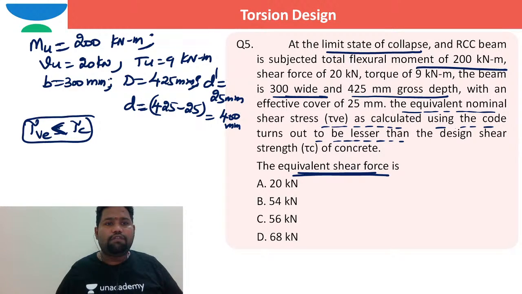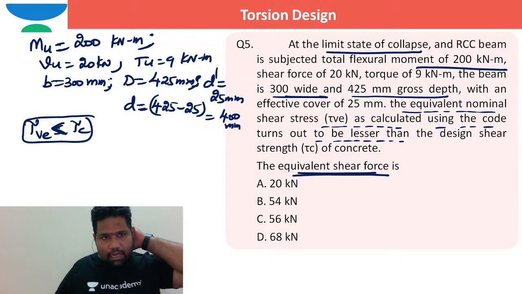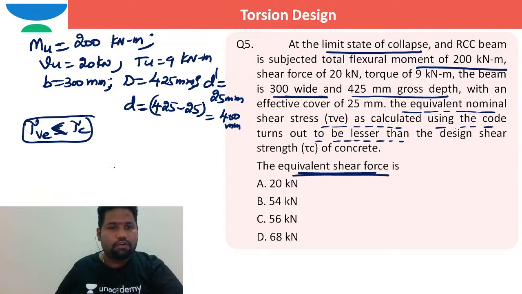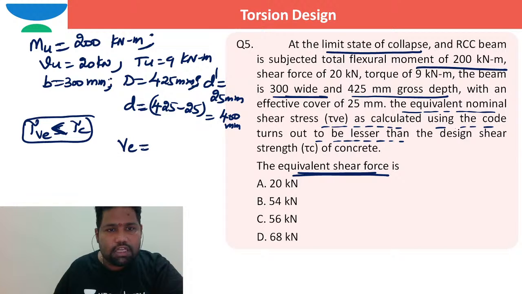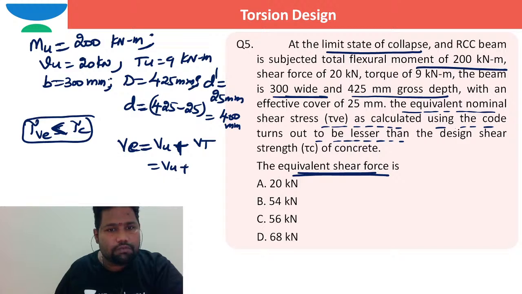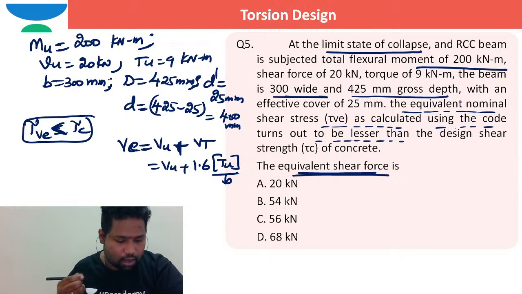Whether tau Ve is less than tau c or greater than tau c, for any case, the equivalent shear force Ve is equal to Vu plus the shear force that needs to be added because of torsional moment. Ve is Vu plus Vt, where Vt is 1.6 times Tu by b. This is how you can write it.